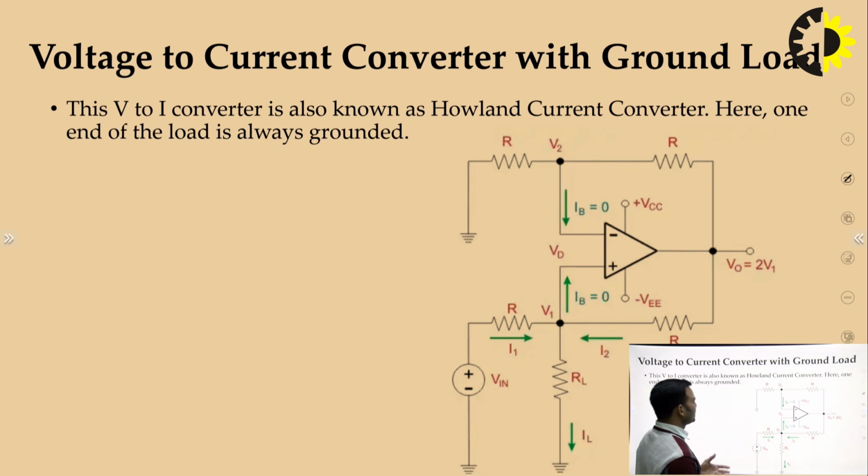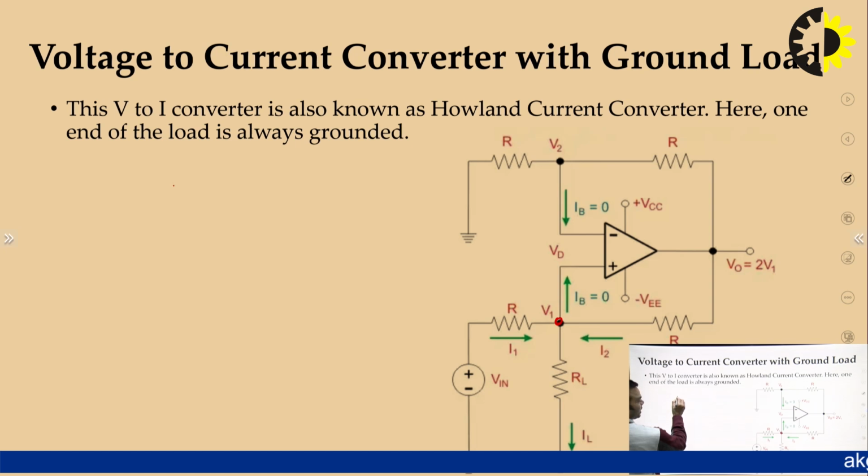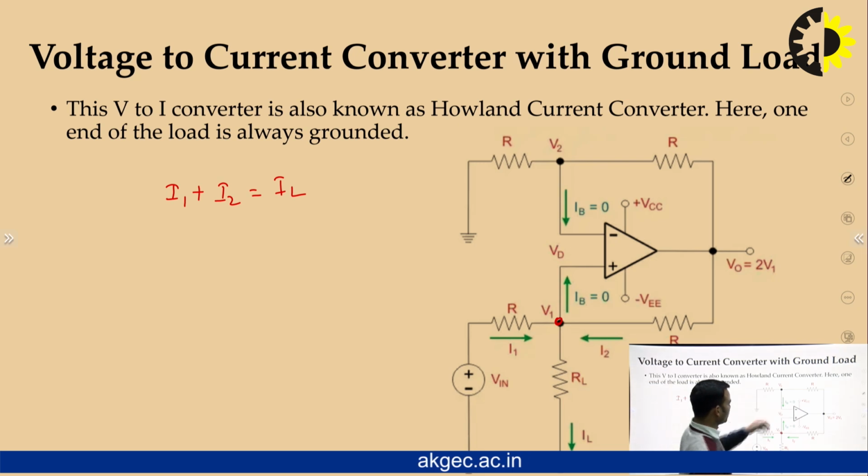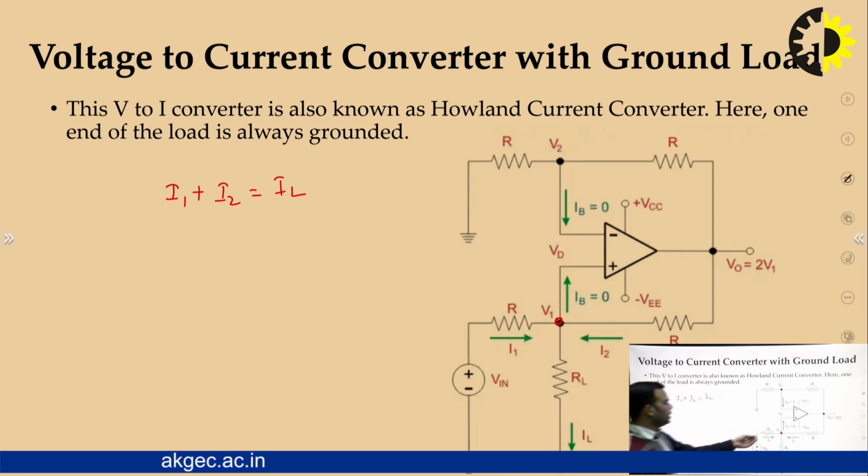You can simply check it. To analyze this circuit, we will apply KCL at this point, and the KCL will say that I1 plus I2 is equal to IL, because this current is 0, incoming currents will be equal to outgoing currents. And we have already considered this voltage as V1.